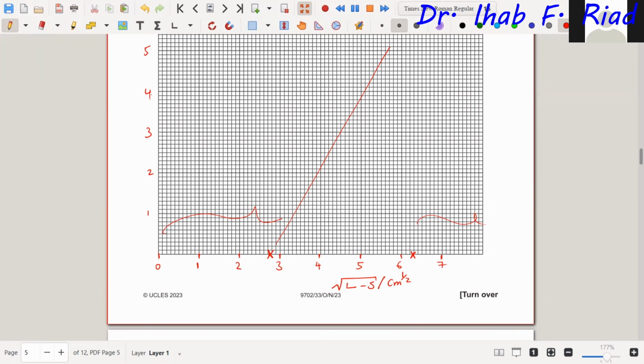We are only using 1, 2, 3 squares. 3 squares out of how many squares? 8. 3 out of 8. This is not a good scale. A good scale in our case should cover something like, on the x-axis, at least 5 squares. At least what?